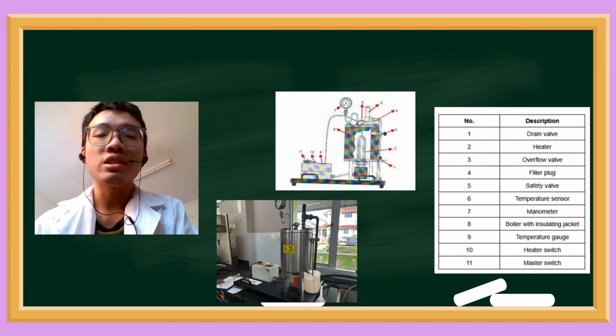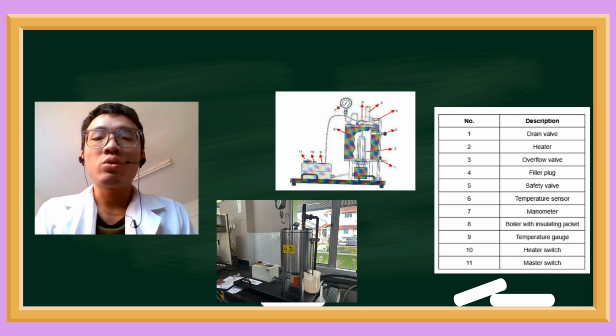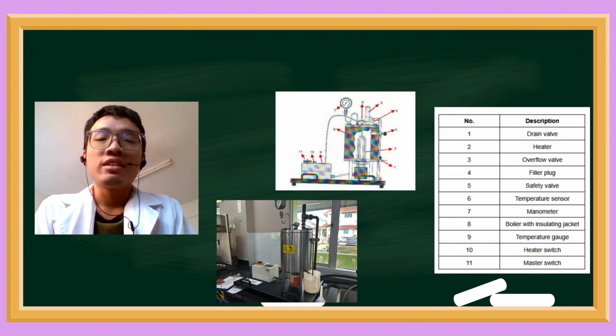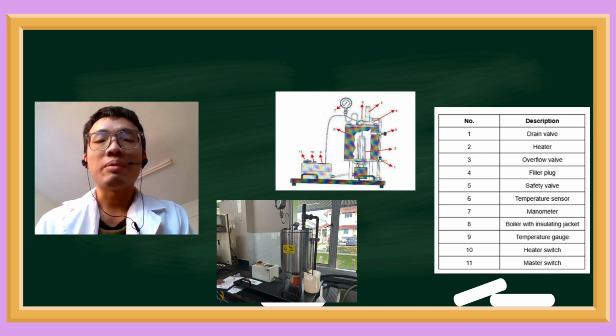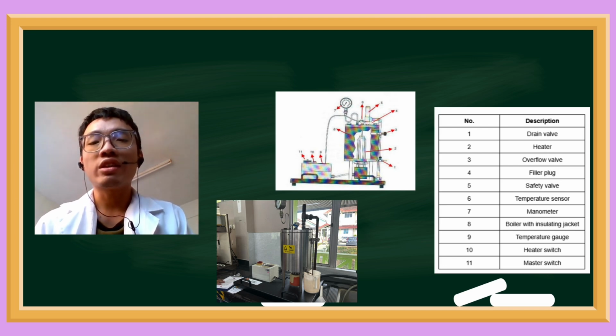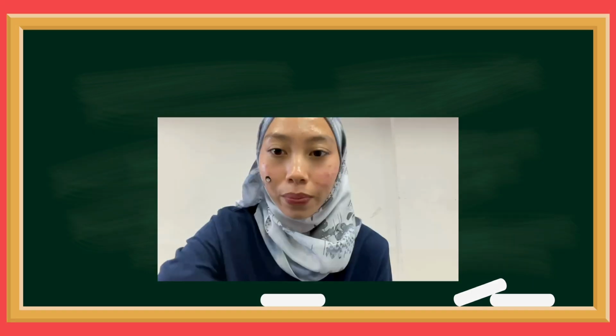Number 1 is the drain valve, number 2 is the heater, number 3 is the overflow valve, number 4 is the filler plug, number 5 is the safety valve, number 6 is the temperature sensor, number 7 is the thermometer, number 8 is the boiler with an insulating jacket, number 9 is the temperature gauge, number 10 is the heater switch, and number 11 is the master switch.